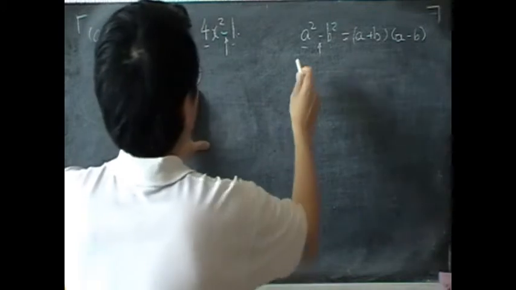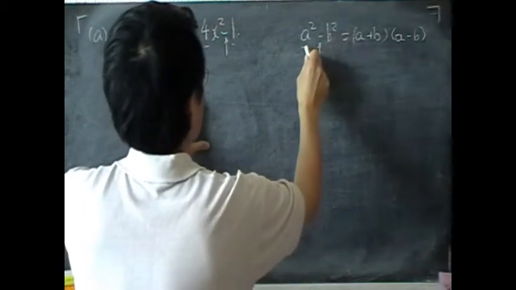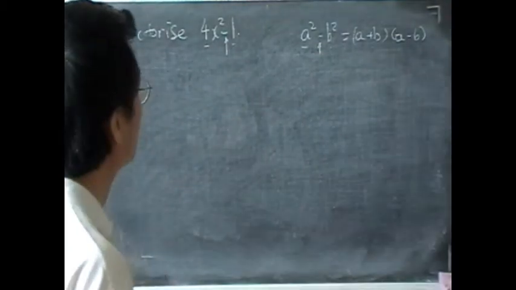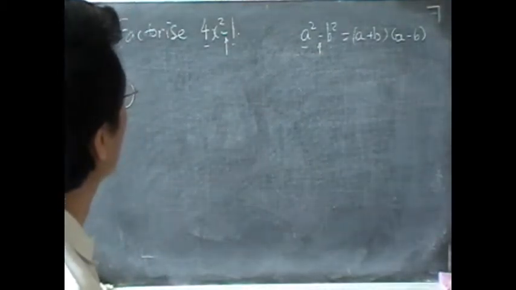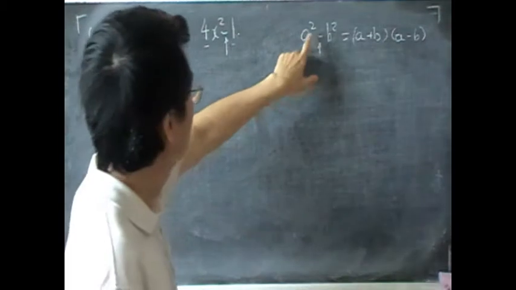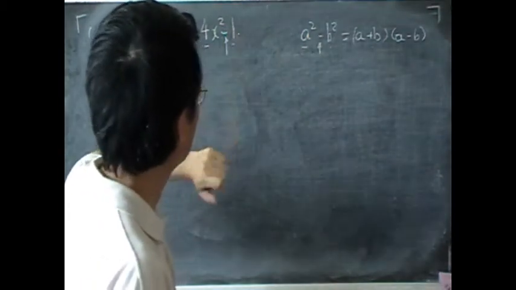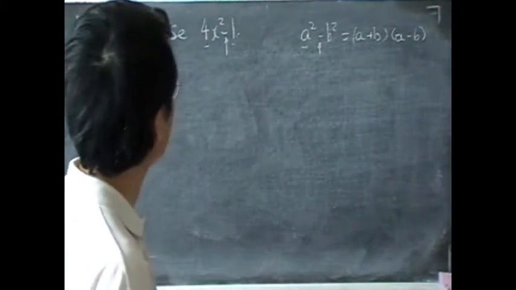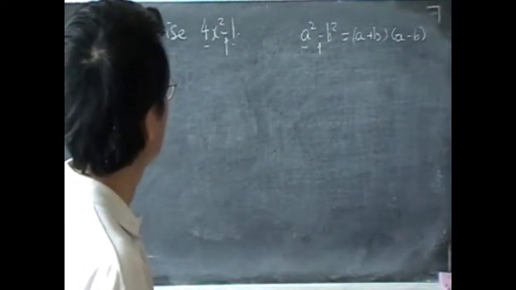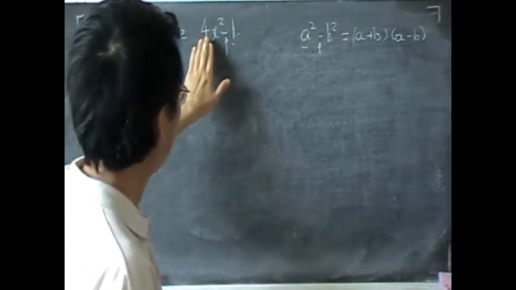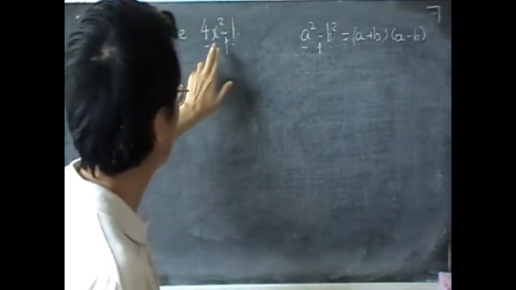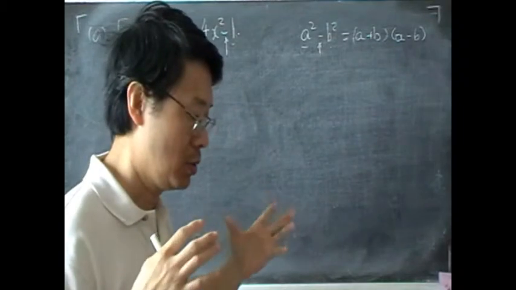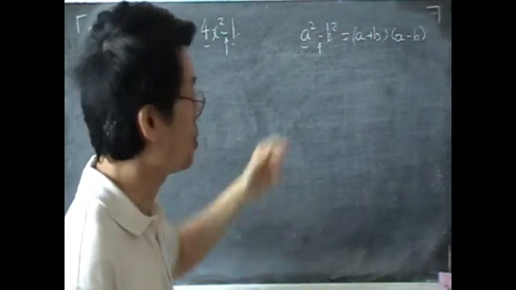And then we want to compare the a squared to the 4x squared. Now both of them have a square, but this has an extra factor of 4. So the idea is to see if we can rewrite the 4x squared in a form that looks like a squared.